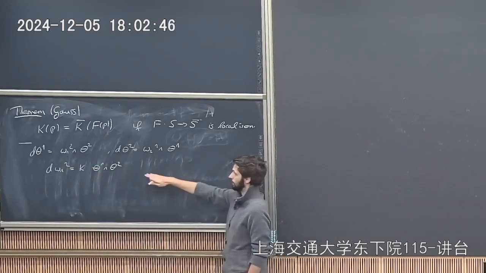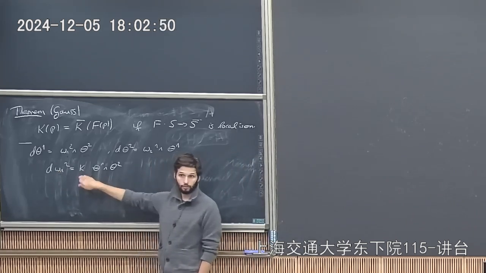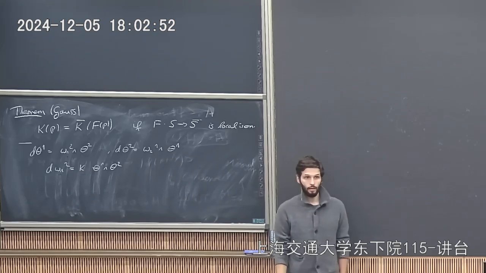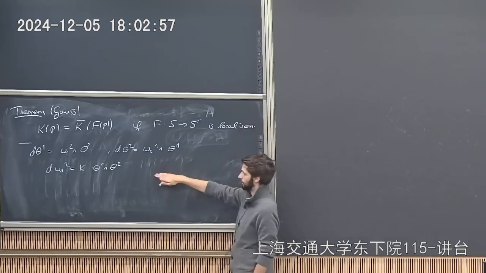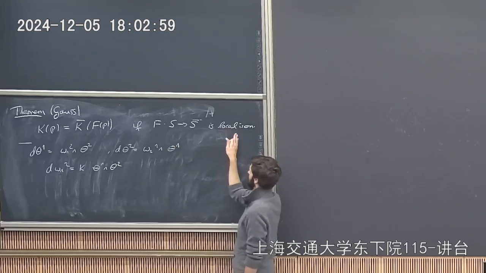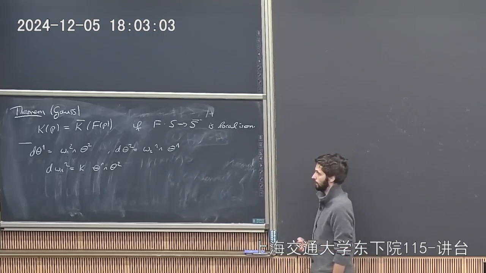And then we have a second equation that says how the connection form is related to the Gauss curvature. That was the Gauss equation. So the idea is to analyze how both of these equations transform under local isometries. That's one way to view what we're doing today.